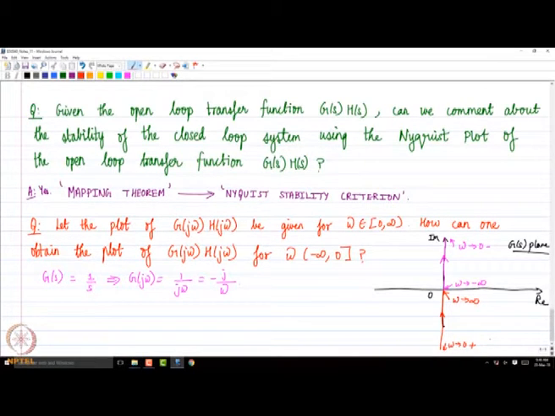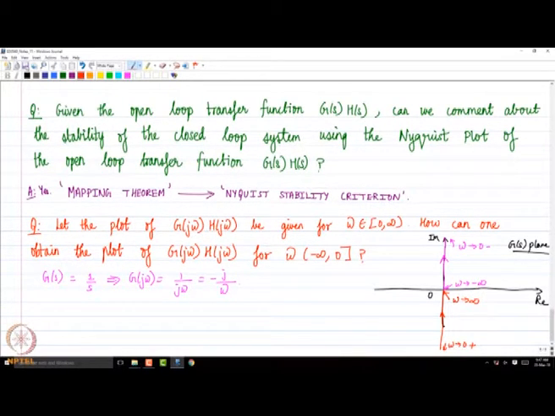But of course, this is a very special example. You will see that you will have a semicircle of infinite radius as part of your Nyquist plot, but this is a very special example. I am just giving you one example to show you how to do that.